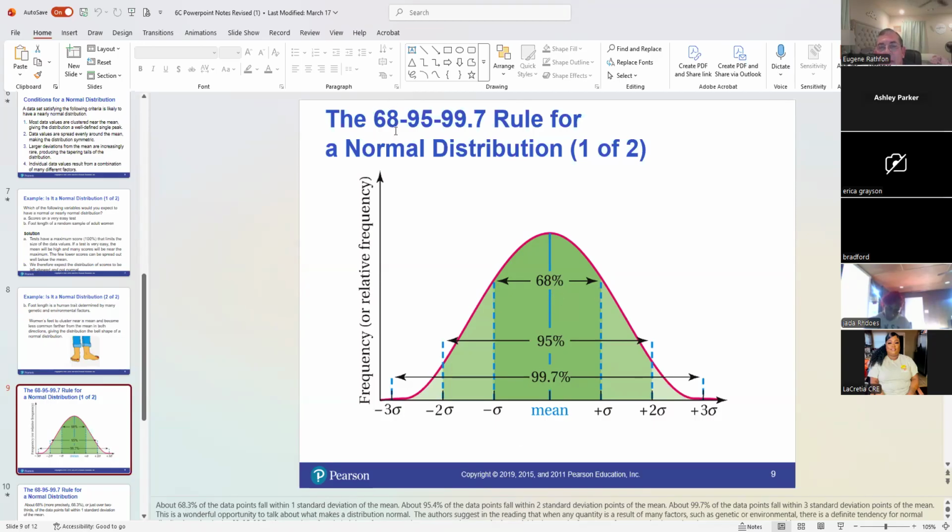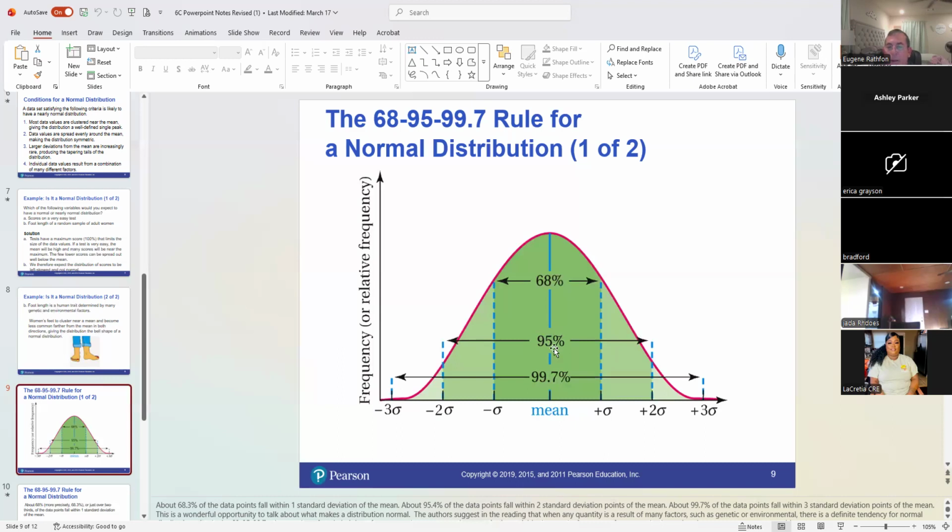So the 68, 95, 99.7 rule for a normal distribution means that 68% of your data points will lie within 1 standard deviation in either direction from the mean. 95% of your data points will lie within 2 standard deviations of the mean, 2 to the right or 2 to the left.